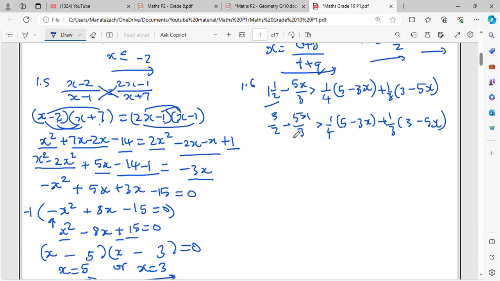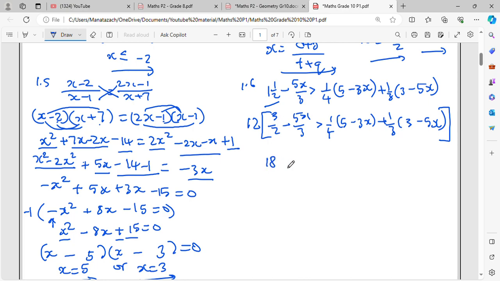Okay, from here we can multiply with the highest common denominator. You can say common denominator, which is going to be 12. So 12 divided by 2 is 6 times 3.